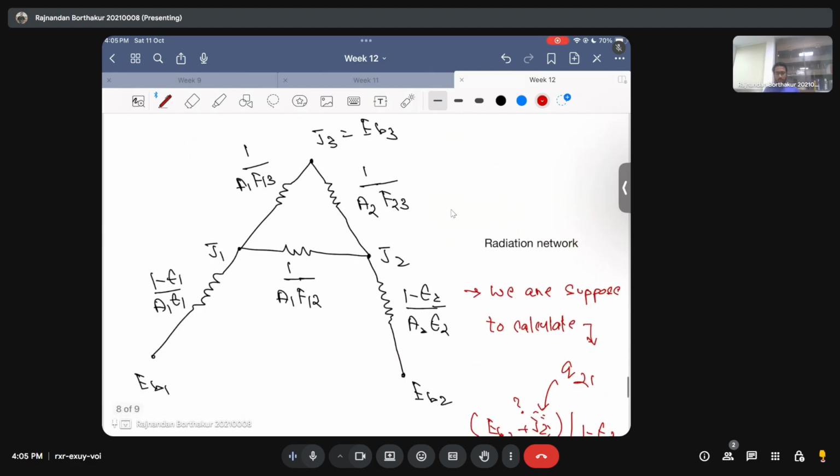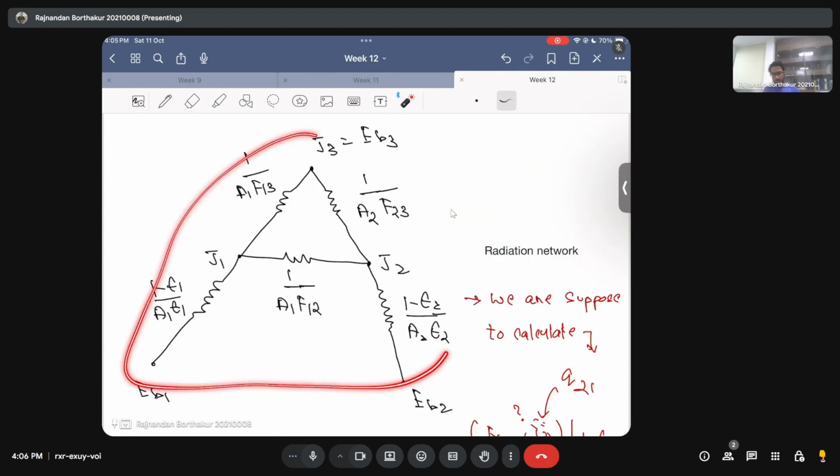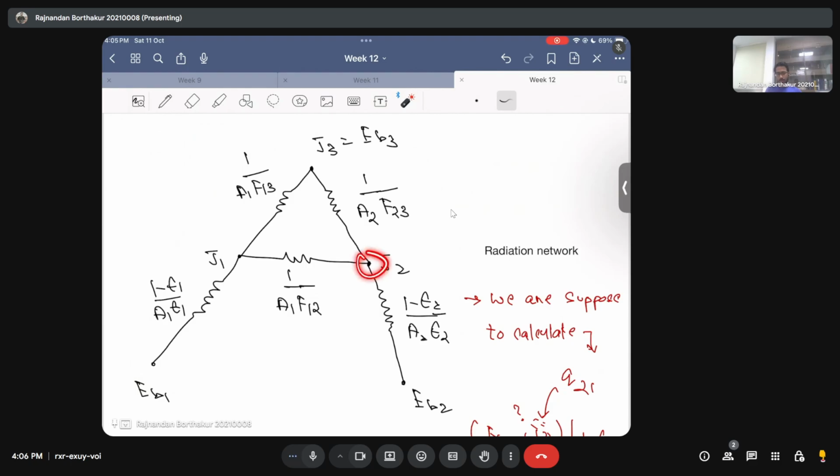Okay, so now we will see how we calculate this quantity J2, which in turn will give us Q12 from this radiation network. For which we will use a very important law that we use in resistance circuits in electricity, and this is equally applicable for heat transfer problems as well, which is known as the Kirchhoff's junction law. We will use it to calculate these radiosity nodes, J2 and J1.